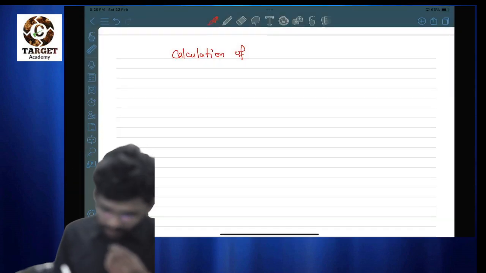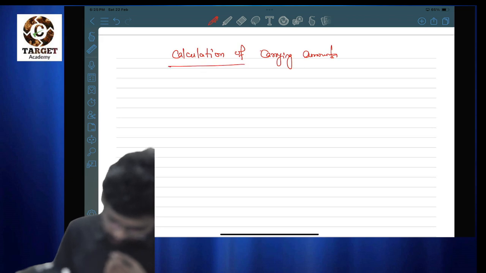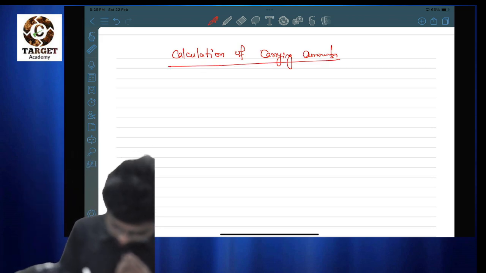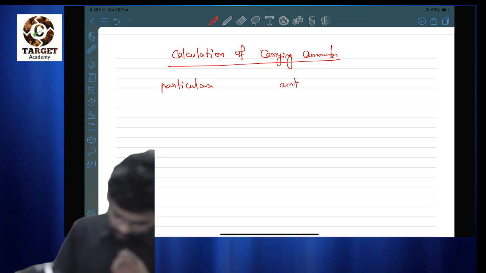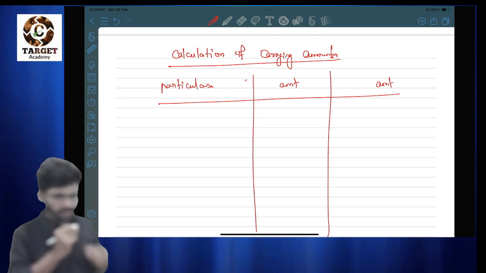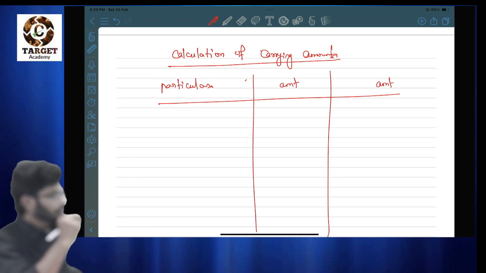So first of all, we need to find out the carrying amounts. This is a good question. We need to practice.